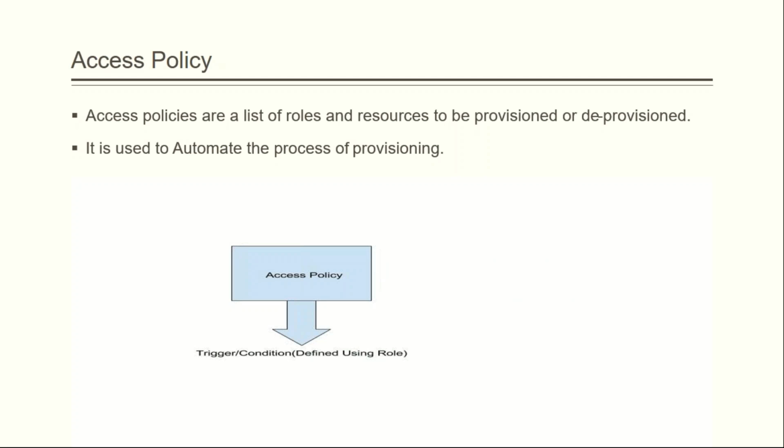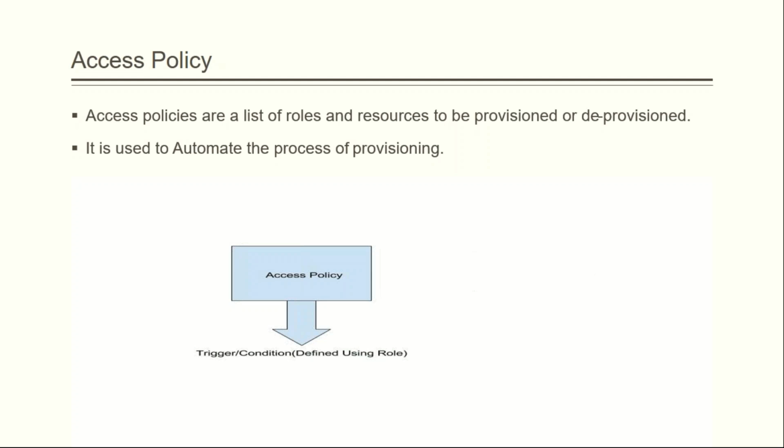So this is called access policy, where you are giving access to the target system based on some conditions which were defined inside OIM. Now, is this clear? Yes, it's clear.